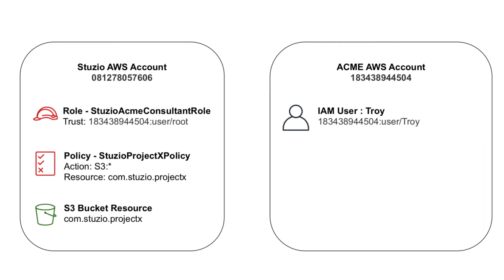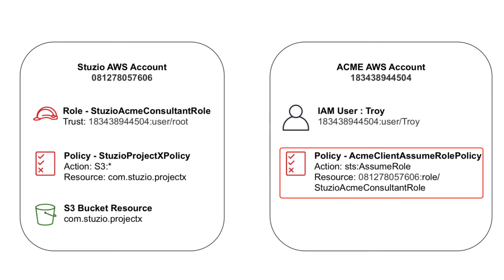Now on the Acme side, Troy needs a permission to assume a role. We will create a policy called Acme Client Assume Role Policy. This policy will allow assume role action for the resource Studio Acme Consultant role. Notice that this resource is pointing to a role that belongs to Studio account.